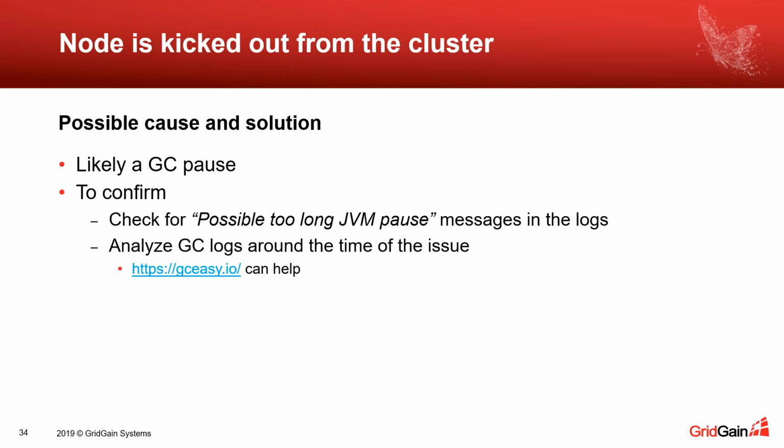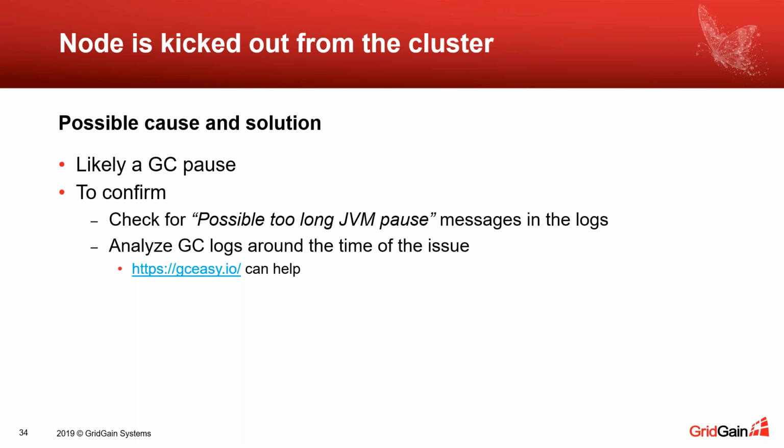When you have a stop-the-world pause in the JVM, it will cause the node to not reply to any requests, any heartbeat messages, any pings from other nodes in the cluster. To confirm that hypothesis, you can check for the message "Possible too long JVM pause" in the logs.